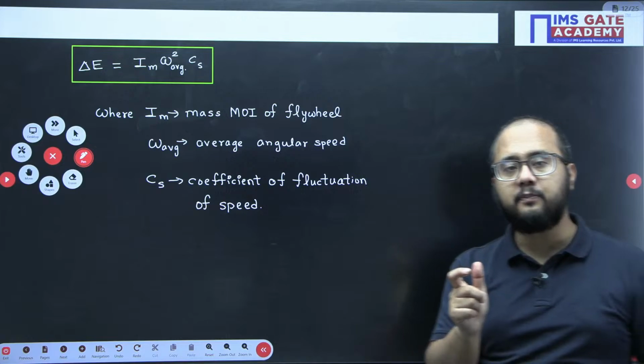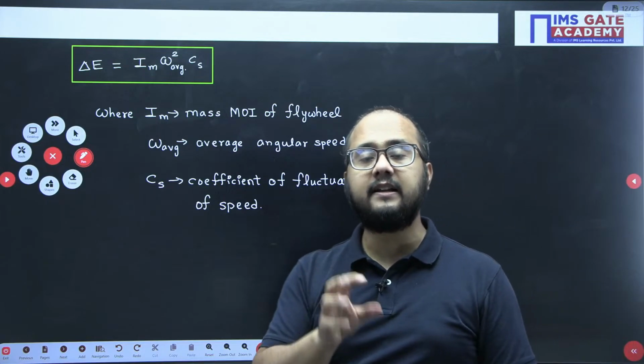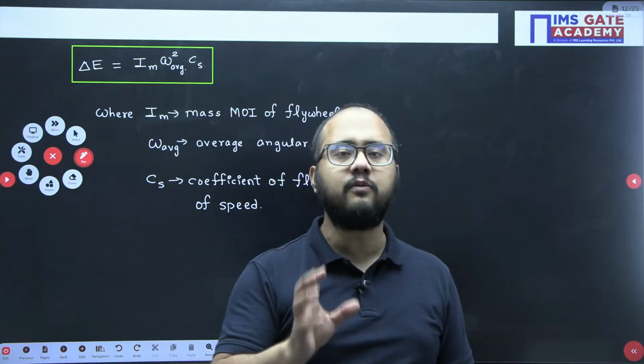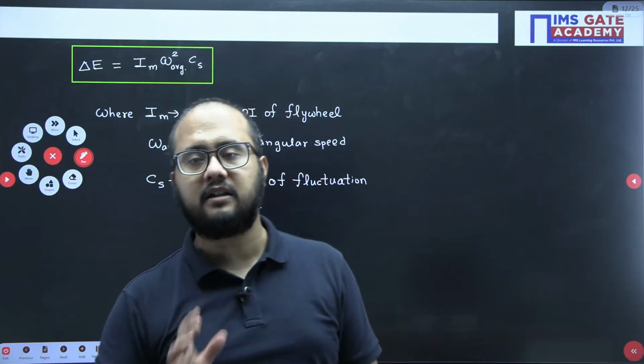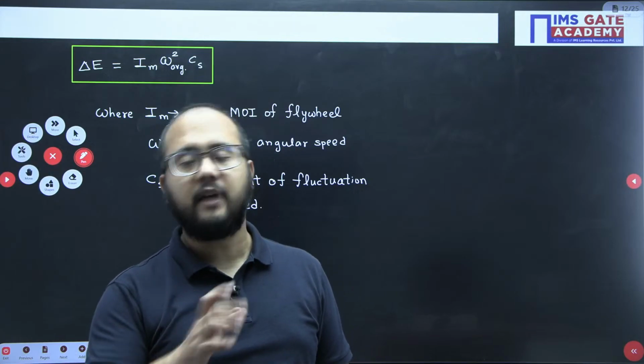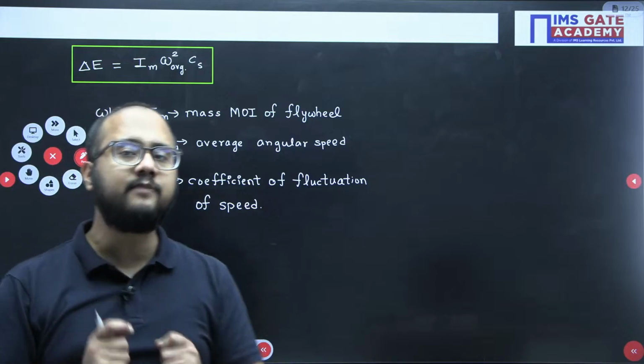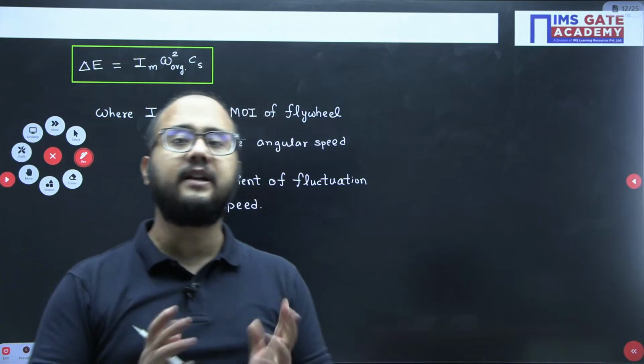Now a very important point you should understand: the flywheel is installed on the crankshaft, but usually the flywheel's mass moment of inertia is very high compared to that of the crankshaft. So that's why we consider only the mass moment of inertia of the flywheel, not the entire system.